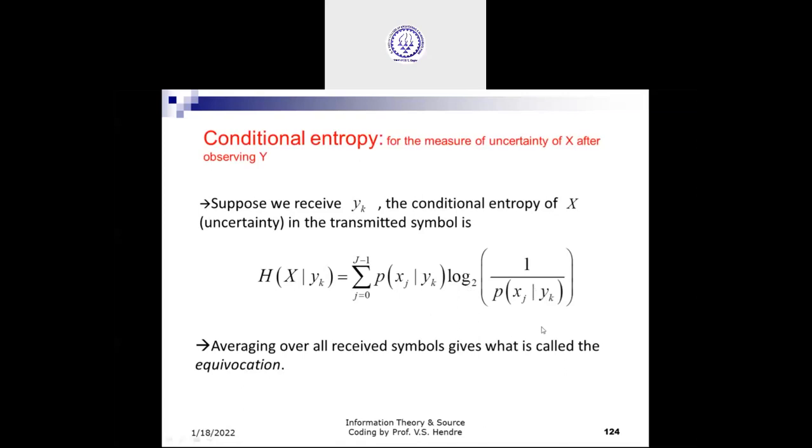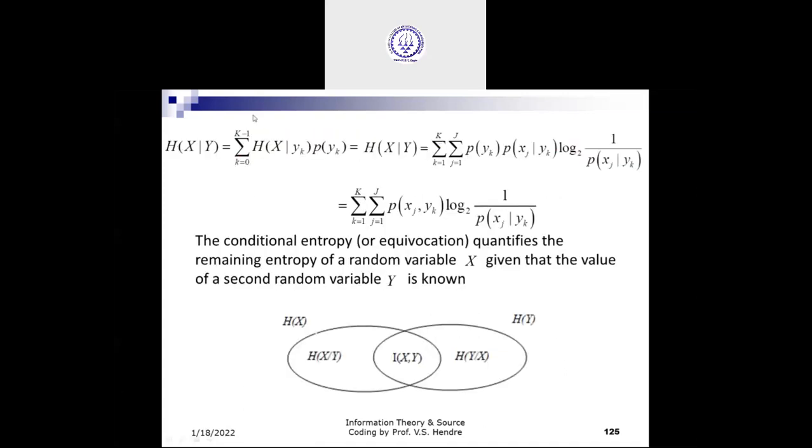But if I do the averaging of this conditional probability, I can find the formula for H of x given yk into p of yk, which will be H of x given y, which is summation k is equal to 1 to k, j is equal to 1 to j, p of yk, p of xj given yk into log of 1 upon p of xj given yk. But if I look at this, p of yk into p of xj given yk is nothing but my joint probability p of xj comma yk.